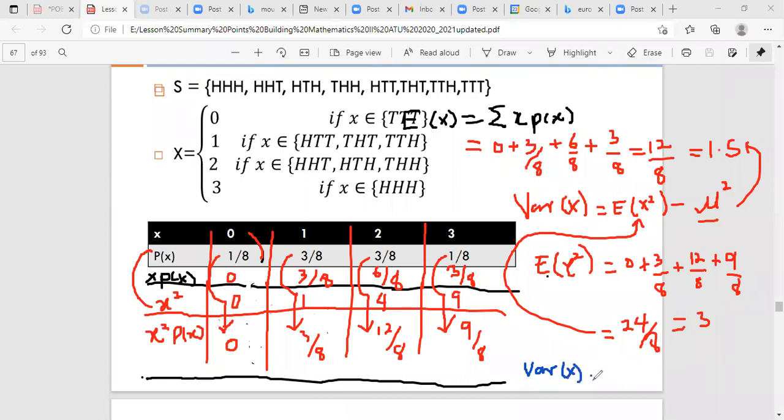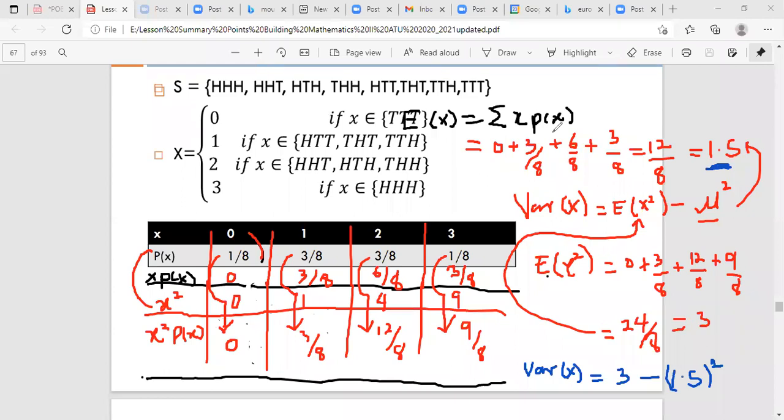Will be 3 minus the mean, which was what? 1.5. So 1.5. Okay, then we square it. So do the calculation at your end for me. 3 minus 1.5 squared should give us what?